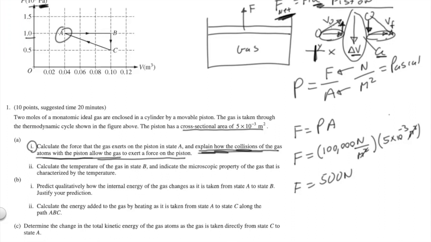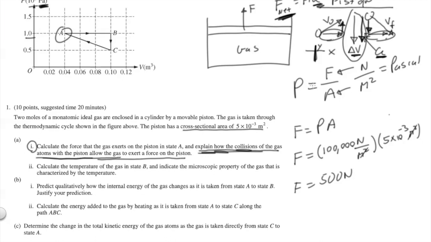If the molecule bounces off the piston and experiences this change of velocity and therefore an acceleration, it's also going to have a force in that direction. That would represent force. And if the molecule has a force downward, there must be an equal and opposite force upward on the piston, according to Newton's third law.